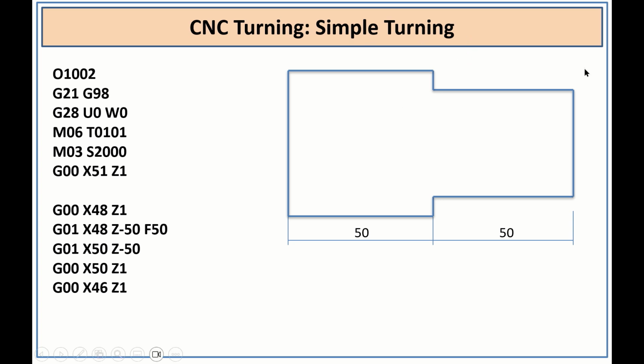Further, the tool from this position X51 Z51 needs to be given some depth. If you give some depth of 1 mm, that means I need to reduce the X dimension. X51 is there, the sample diameter is 50, so I need to reduce to 48 or 49 so that it can come here.